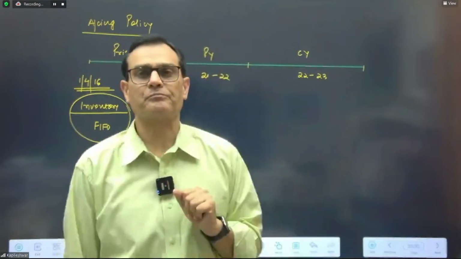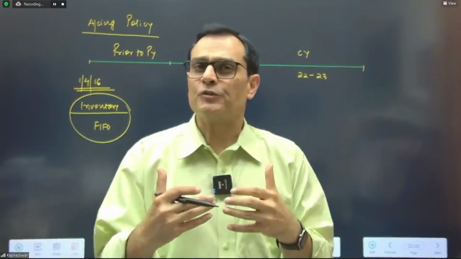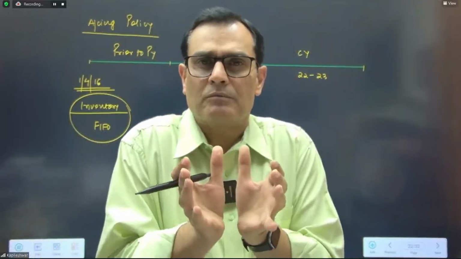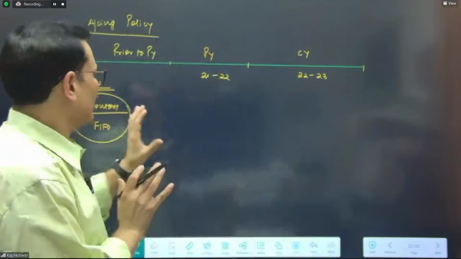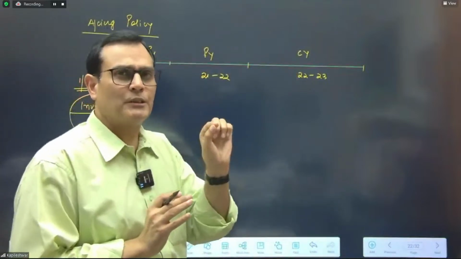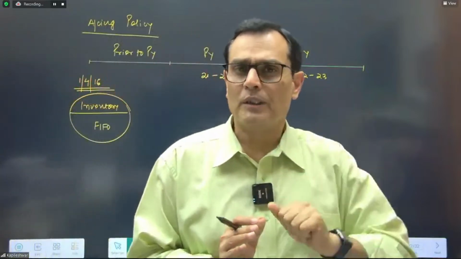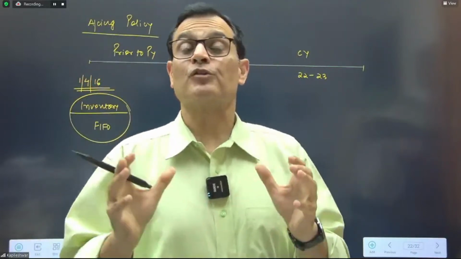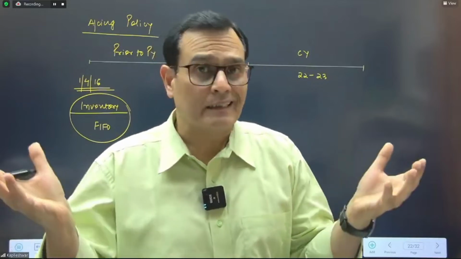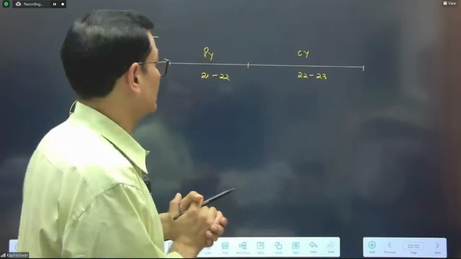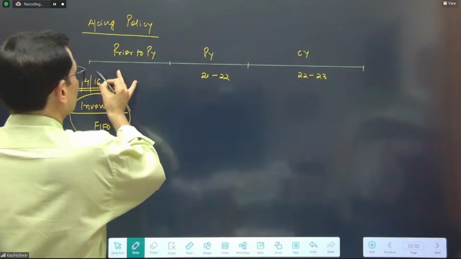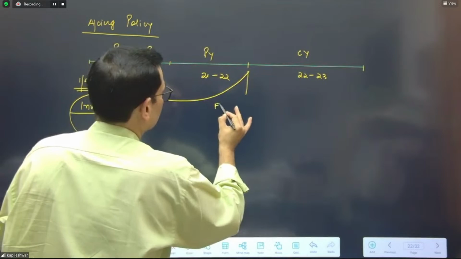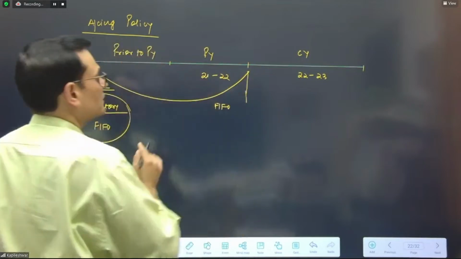I repeat, when a company is considering the inventory at cost or NRV, whichever is less, it's an accounting principle. And when, as a part of the principle, you decide to consider inventory at cost, that is FIFO or weighted average, it's a part of the accounting policy. So the company on 1st April 16 decided it will apply first in, first out. They continue to apply FIFO till the last year, that is till the previous year.